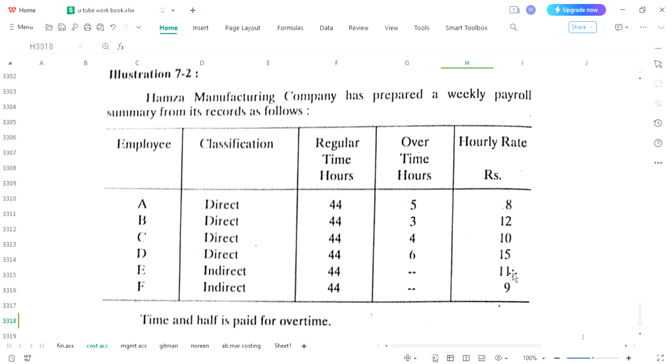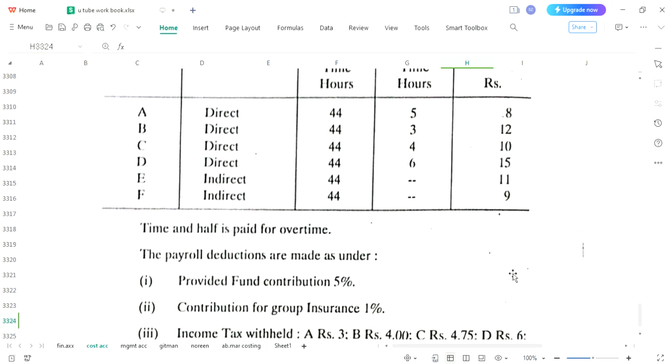Now there are a few very important statements. First, time and a half is paid for the overtime. We will understand what time and a half is. And there are three deductions: provident fund, insurance, and income tax. It is simple, this illustration has no complication. We will calculate their wages collectively, how much amount each and every worker is taking.